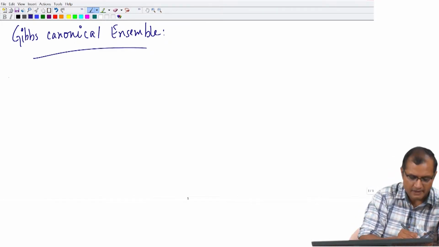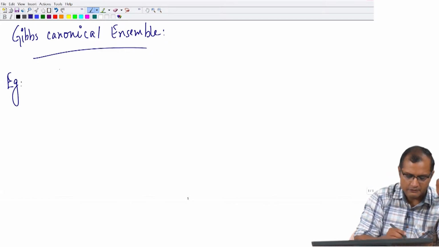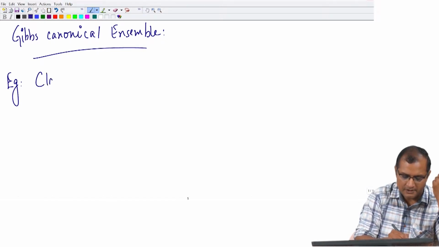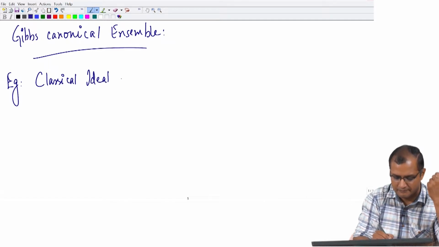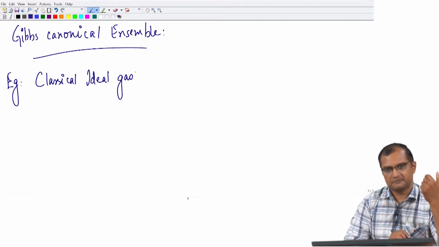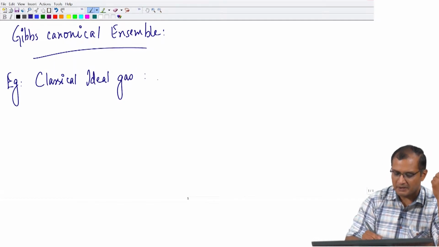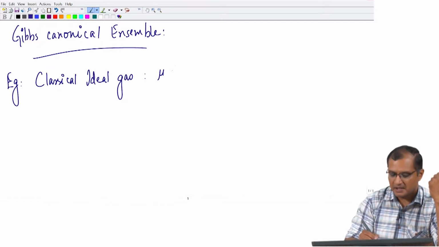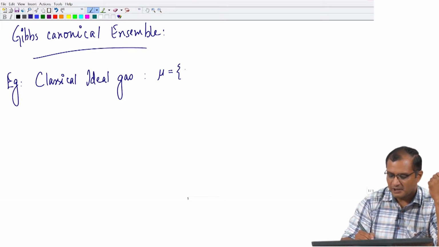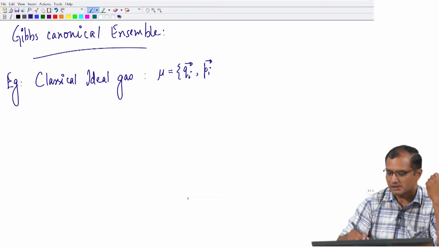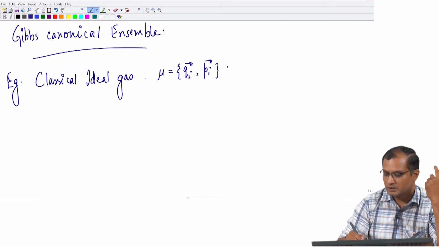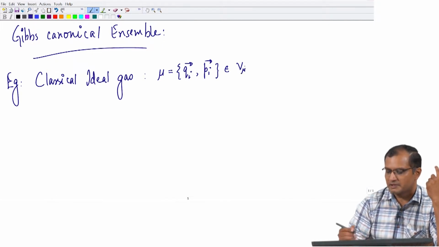I am going to take the example of classical ideal gas where a microstate is basically specified as the set of values of positions and momentums of the gas particles in a volume which also depends on the microstate.